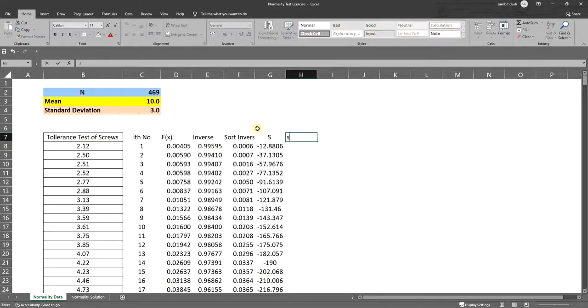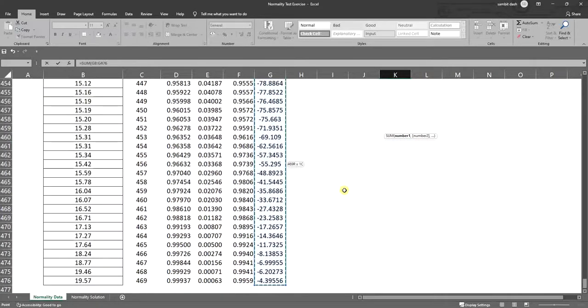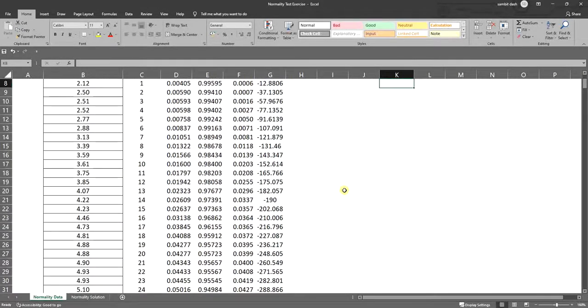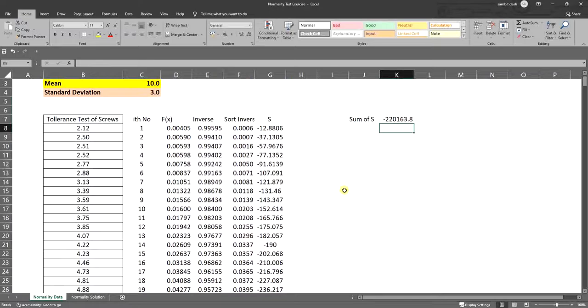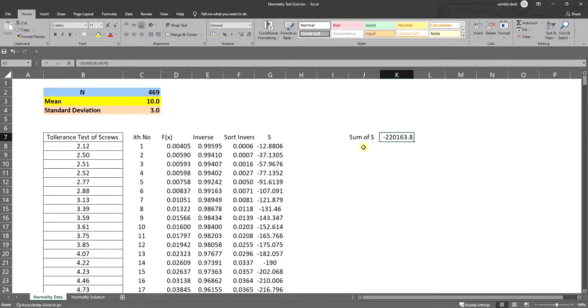Now what we will do is sum of S, right? So let me take this here. Sum of S should be equal to sum of this, so this is our sum here. Now from S we have to calculate AD, right? The next step is to calculate AD from this.